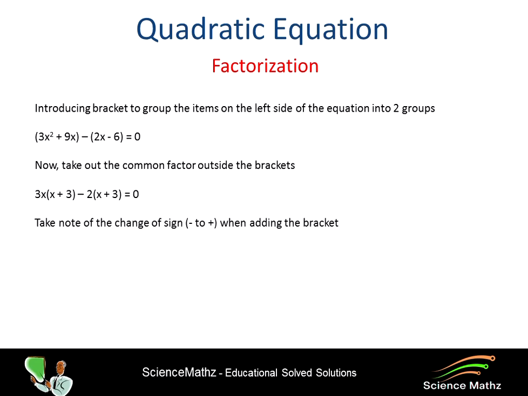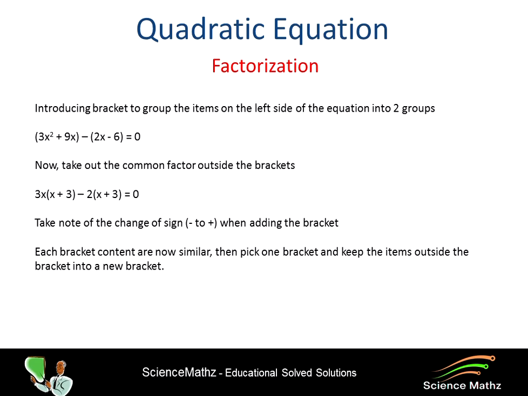So take note of the change of the sign. When this 2 is going outside the bracket, the minus behind the 6 will become positive because there's a minus outside the bracket. By the time you are clearing the bracket, you are going to have that minus 6 again, using the multiplication rule.